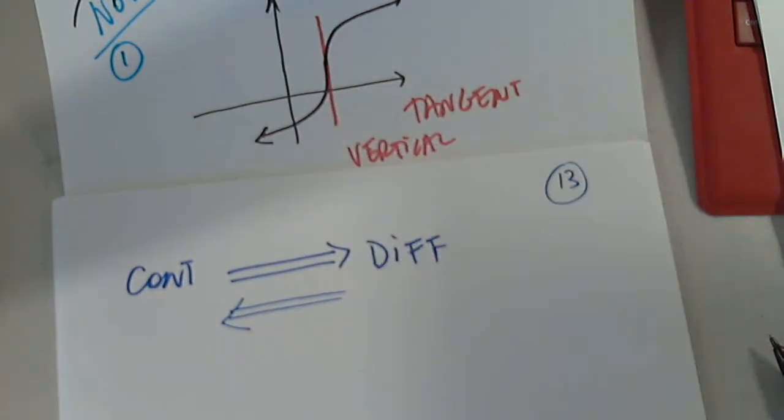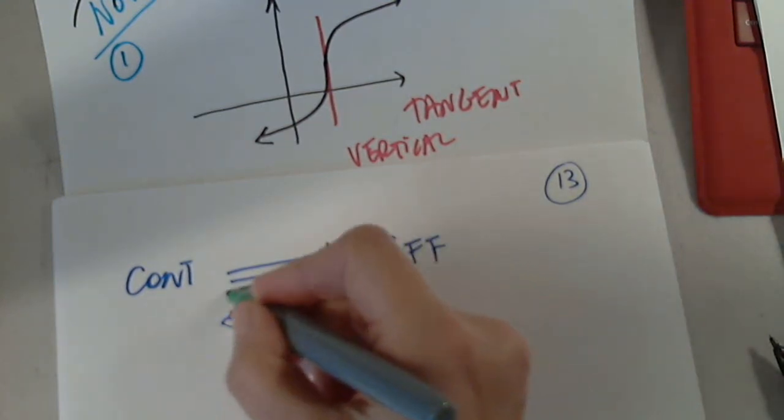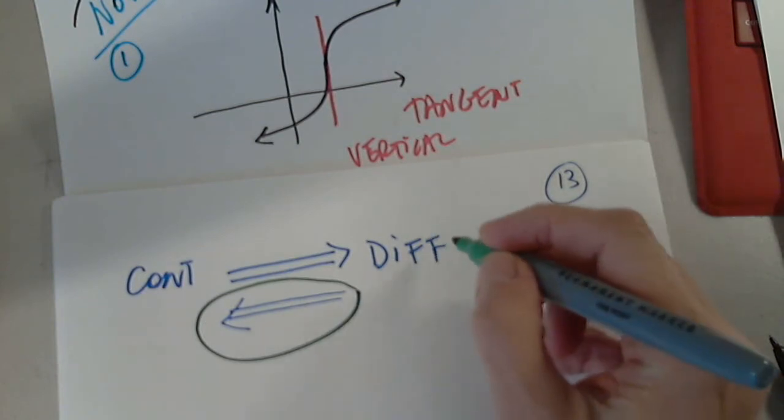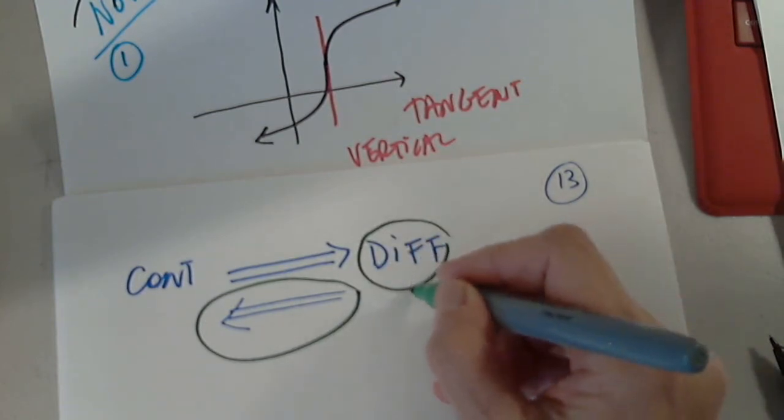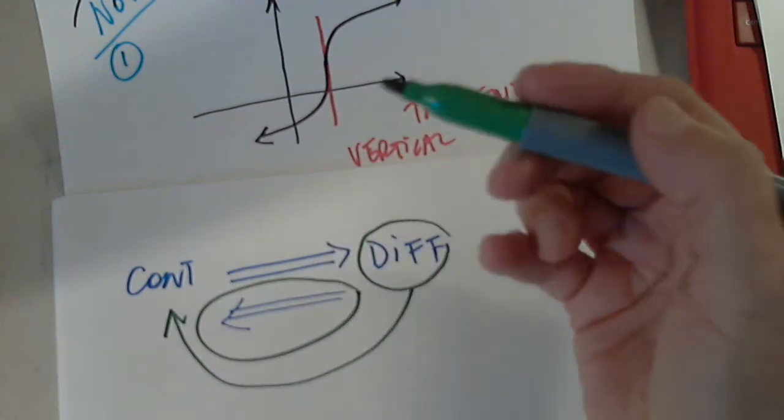Which of these two arrows is valid, or both valid? If the function is differentiable, it will always be continuous.